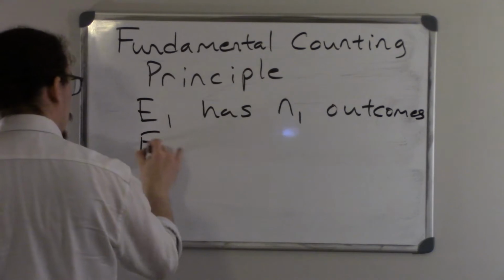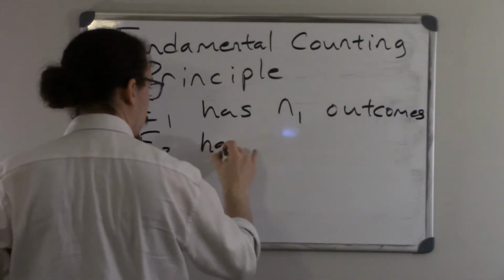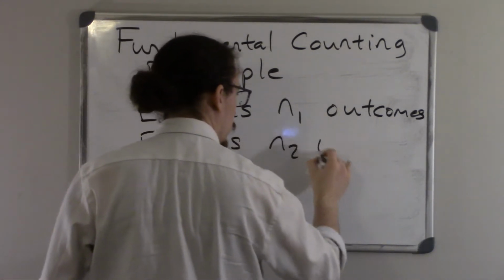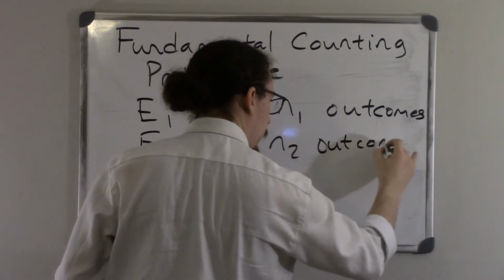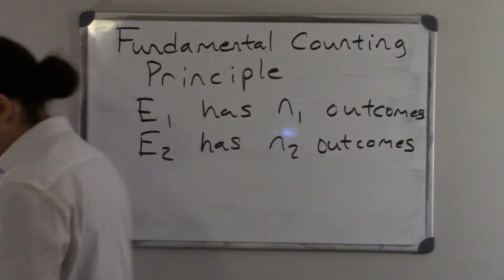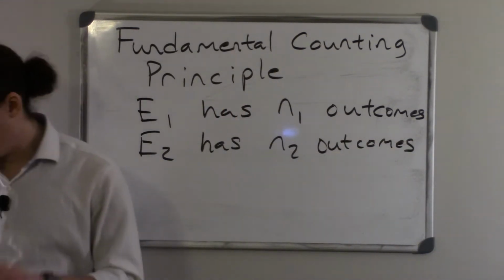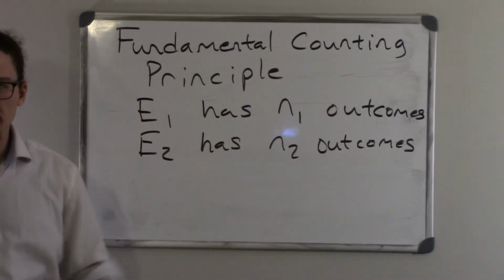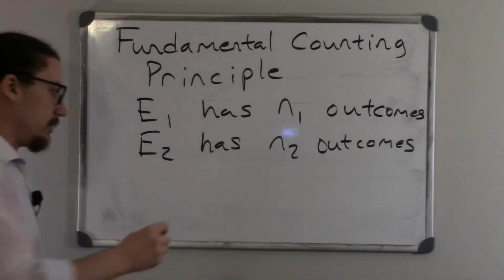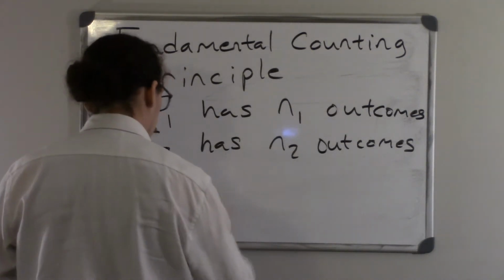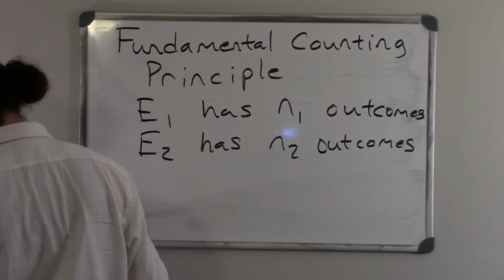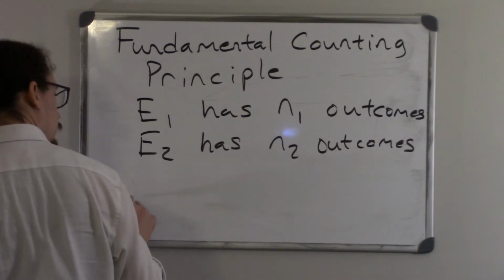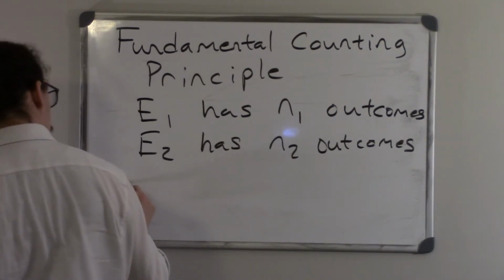And we also have E2, which has N2 possible outcomes. If we want to know the number of ways that these events can occur in sequence, then we can do, let me see if I can write something like that down with the space I have left.